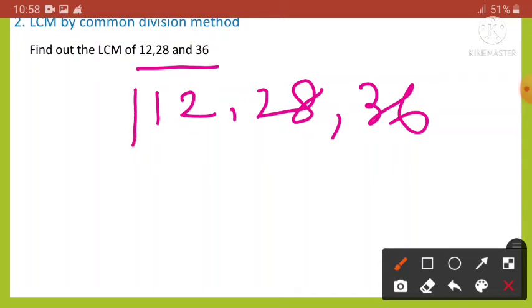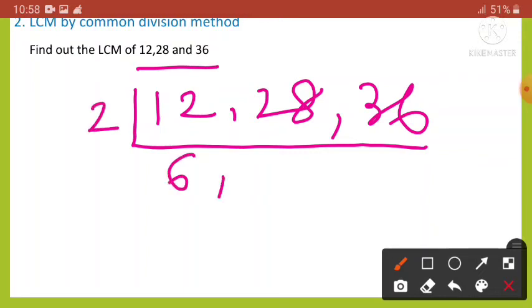We are doing the common division method. Divide by the smallest prime number which can divide at least one of the numbers. If we take 2, it will be 6, since 6 into 2 is 12; here it will be 14, and here 18, since 18 into 2 is 36. We have to continue this division process by the smallest prime number until the numbers cannot be divided further.